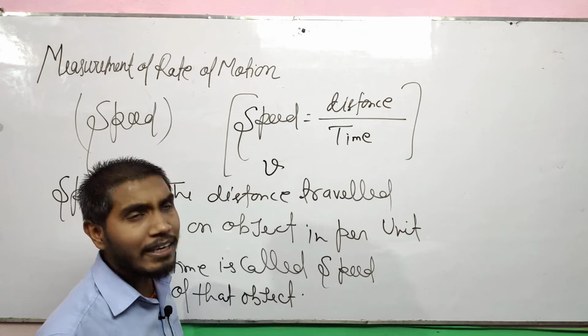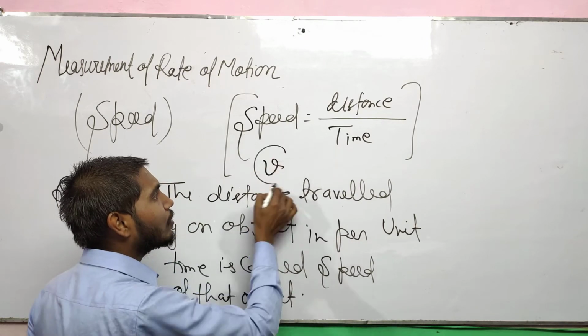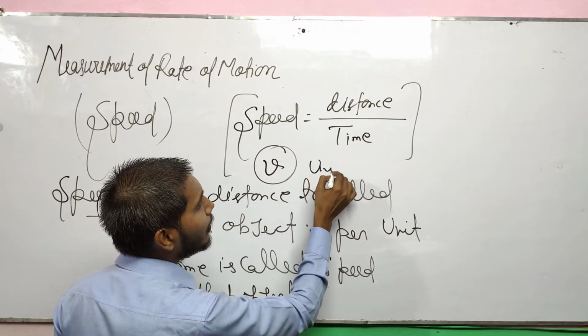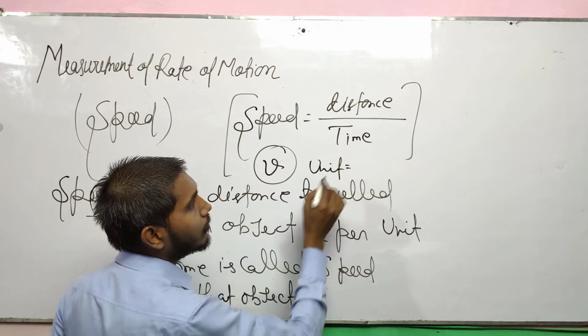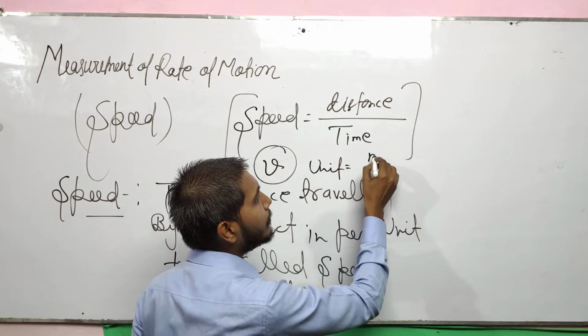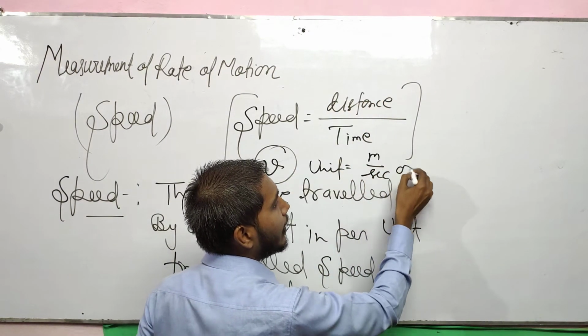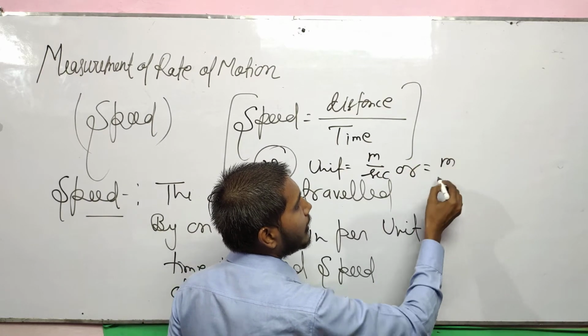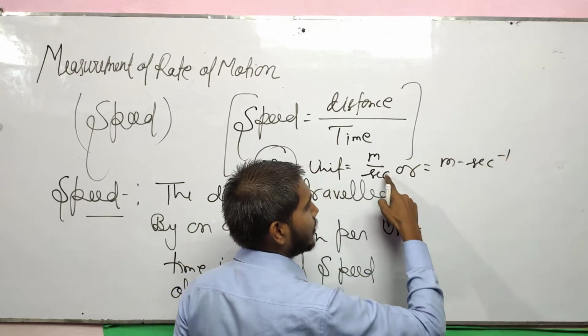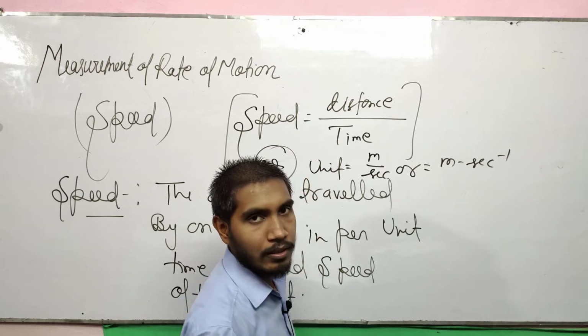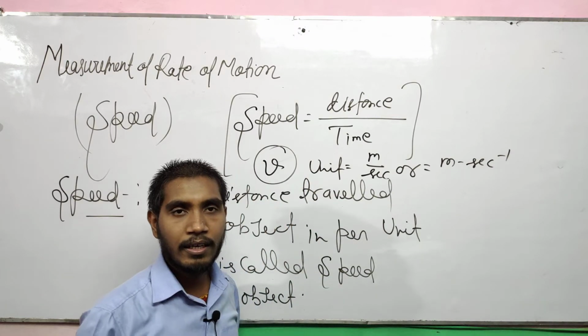It is represented by V. It is a scalar quantity. Its unit is distance unit, meter per second, or you can say meter second inverse. Second goes to the upper side, that is second inverse. This is the unit of speed.